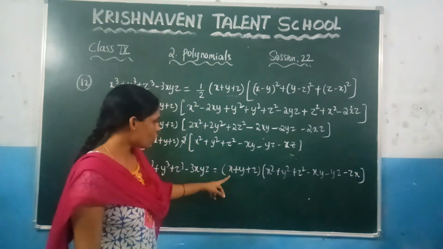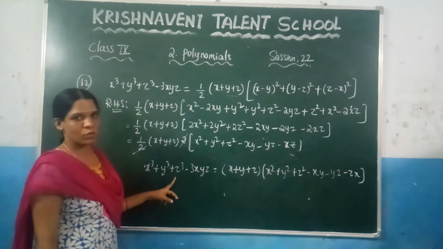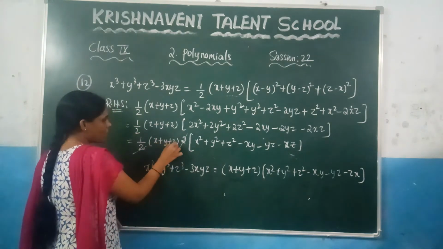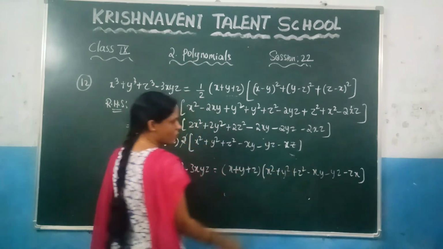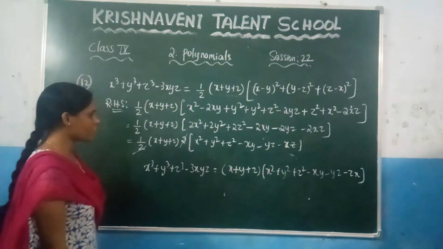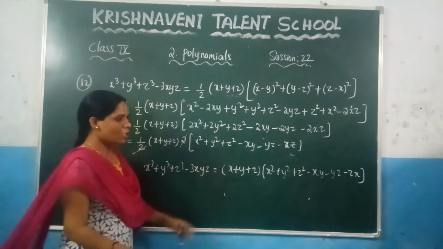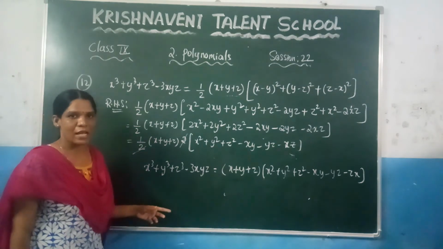And you know that this value is nothing but x cube plus y cube plus z cube minus 3xyz. In the place of x plus y plus z into x square plus y square plus z square minus xy minus yz and minus zx, you can observe that this value and this value are the same. So in place of this value you can apply this value, because you know that it is an identity.